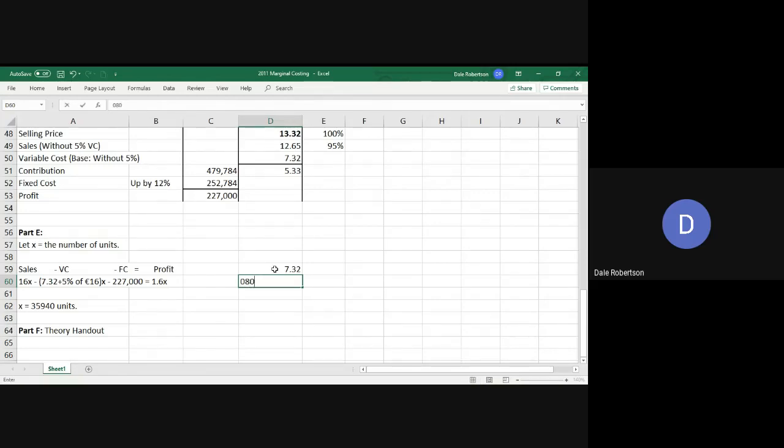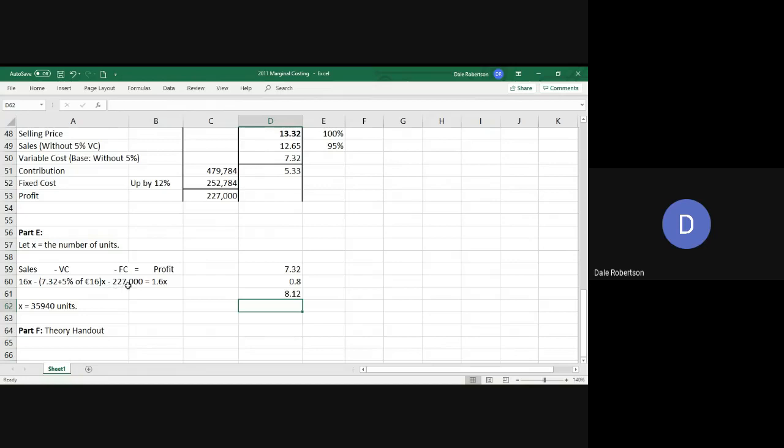So therefore our variable cost is actually going to be 8.12 here, I think, 8.12, which of course is 15 cent higher than the original because our sales is 3 euro higher than the original. 15 cent is 5% of the 3 euro increase. That is all multiplied by x, so it's going to be 8.12x.